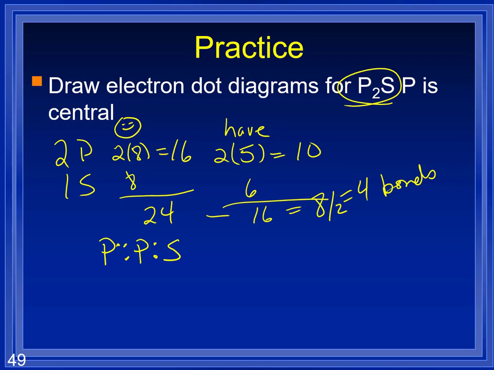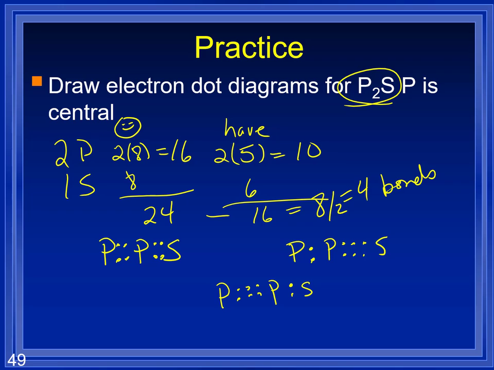I can make it 2 double bonds, or I can make it a single bond and a triple bond, or I could make it a triple bond and a single bond. See, in putting 2 extra, there's 3 ways I could do it. I could put them both between the phosphorus, both between the phosphorus and the sulfur, or 1 on each side.